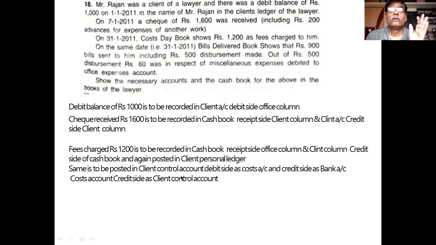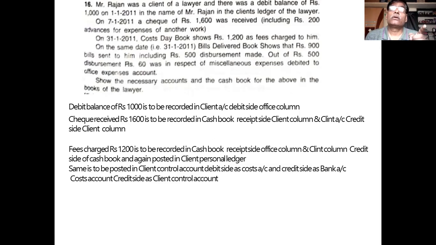Okay. Once again, I will tell you 1200 it is a receipt to the lawyer, so cash book receipt side, and payment to the client, payment side of the client account. Okay, and same goes to client account debit side and credit side. After this, what do you have to do?